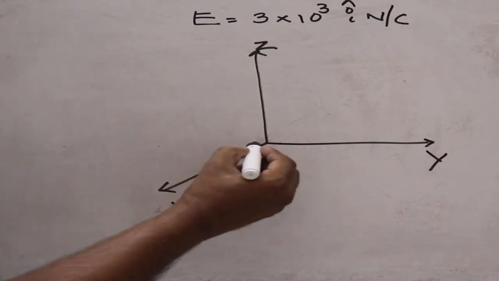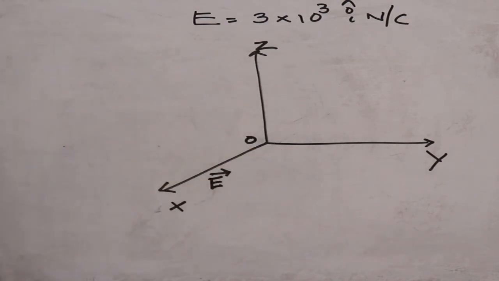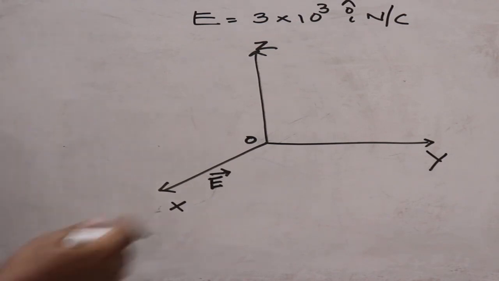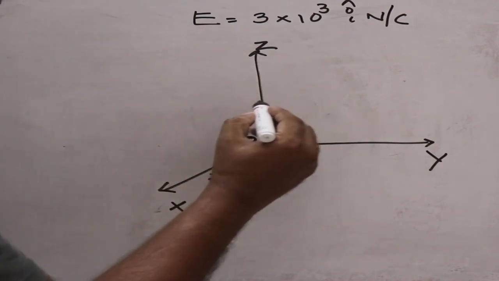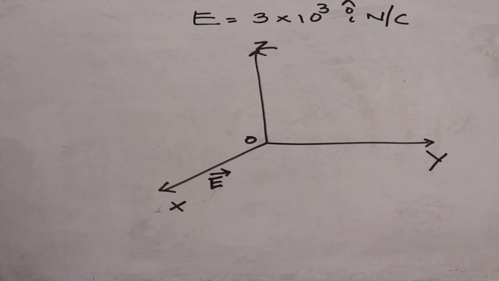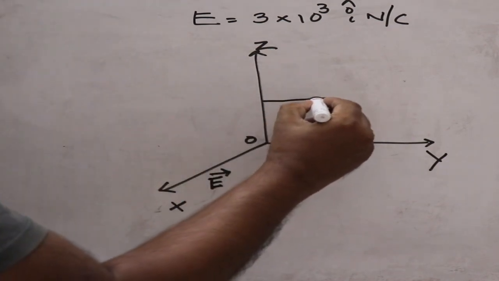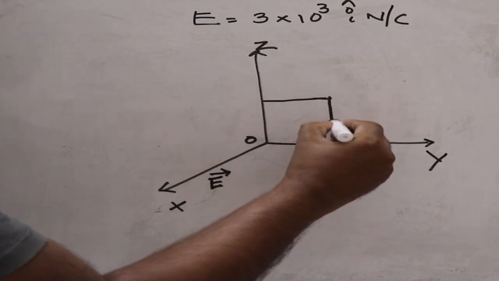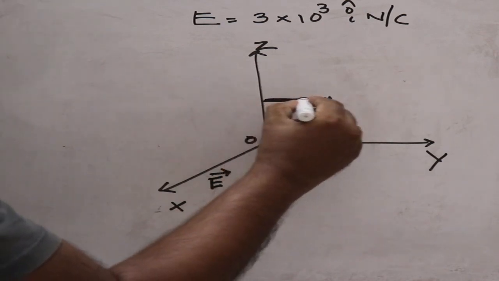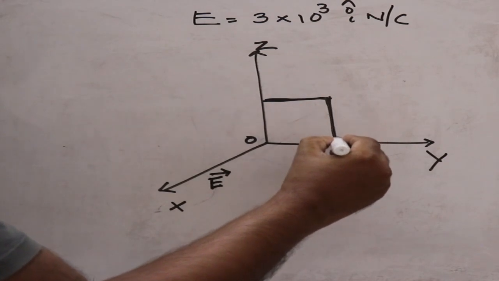Here I am going to draw a three coordinate system, three axes. This is X, this is Y, and this is Z. Here the electric field is acting along the i axis, the positive X axis, from the origin.